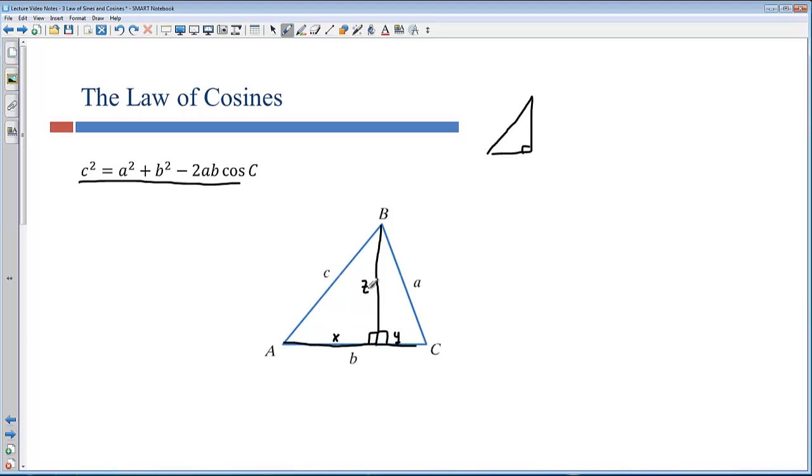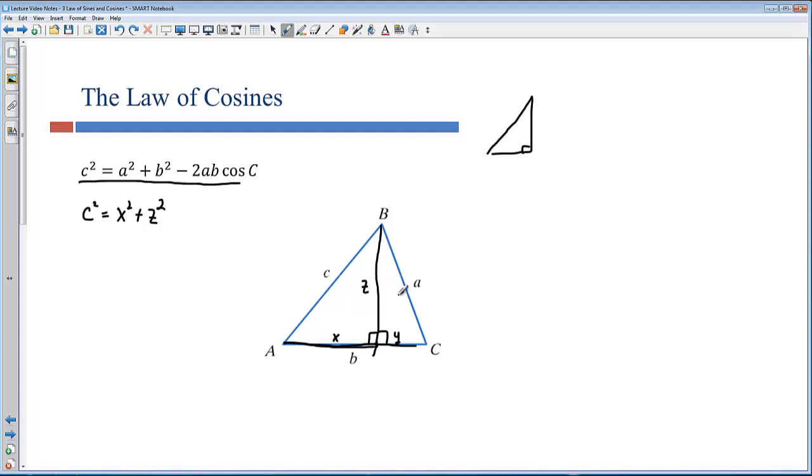I'm using the Pythagorean theorem because I'm trying to introduce squares here. For this triangle, c squared is equal to x squared plus z squared, where x is this distance from here to here.